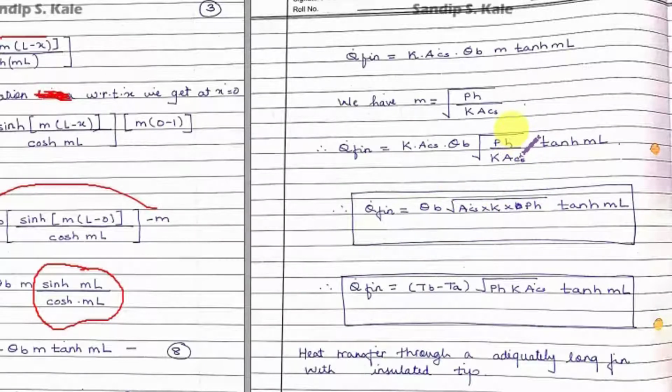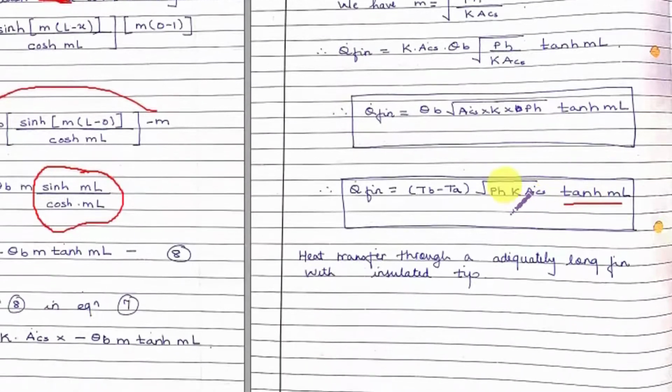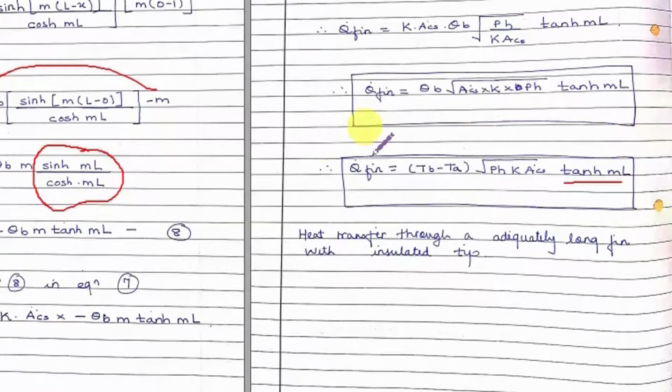If you do the mathematical calculations over here, automatically this under root sign will get cancelled and you will get the formula Q fin is equal to theta b multiplied by under root hP K A c multiplied by tanh mL. You are supposed to keep this formula in mind. This tanh mL is the extra term in this equation for adequately long fin which is insulated at the end.